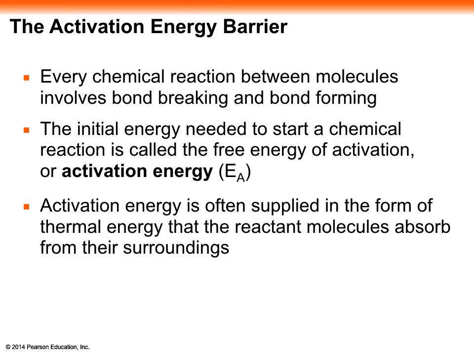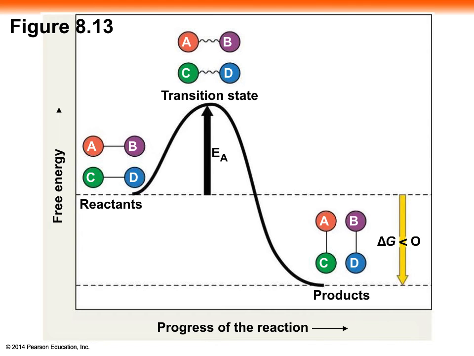The activation energy is the initial energy needed to start a chemical reaction. You see that hump between the reactants and the products, how it goes up? That's the activation energy.